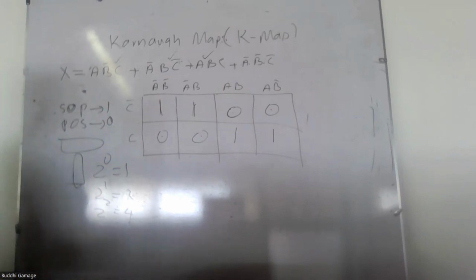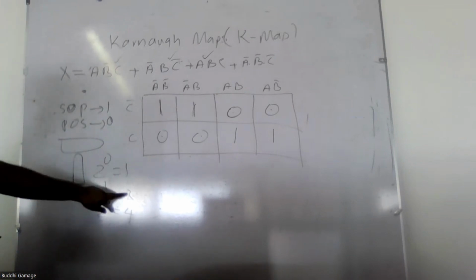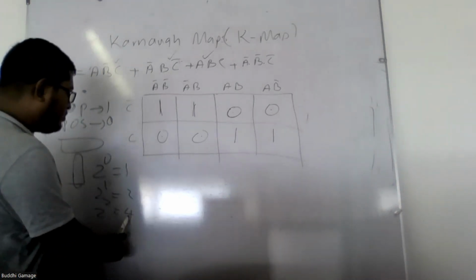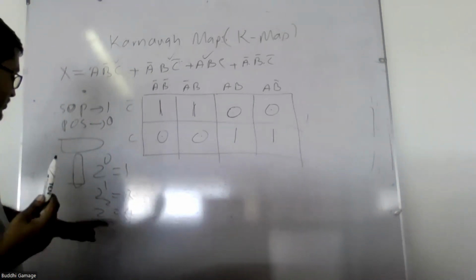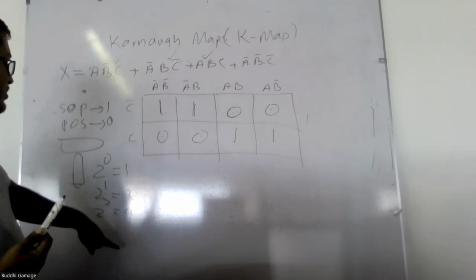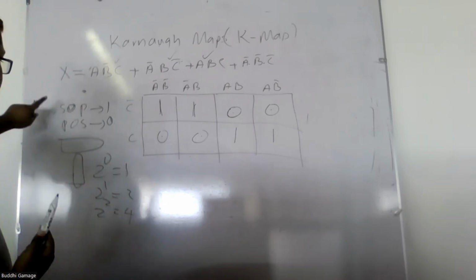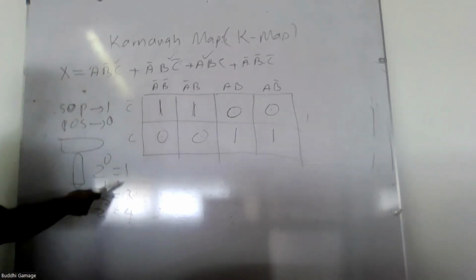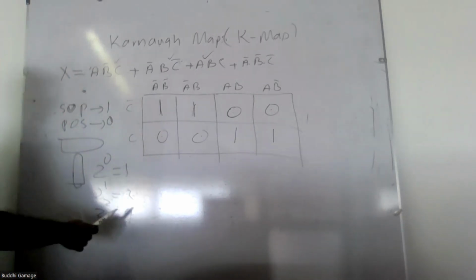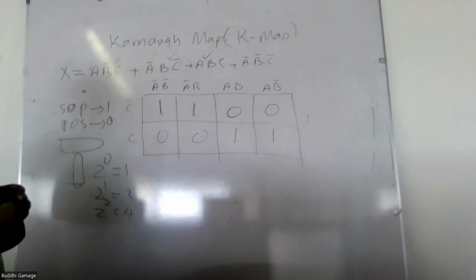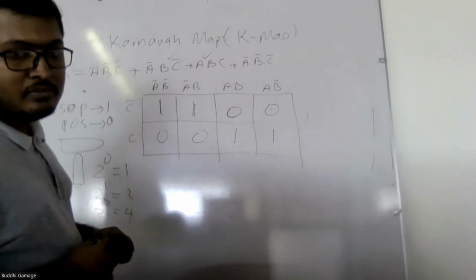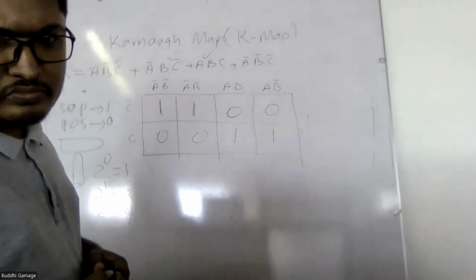So likewise, you can only group 1s, 2s or 4s, right? If you are using sum of products, then the number of 1s in a group should be according to the powers of 2, and you need to take the maximum group size.